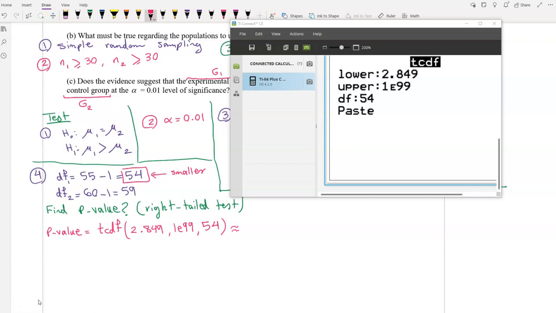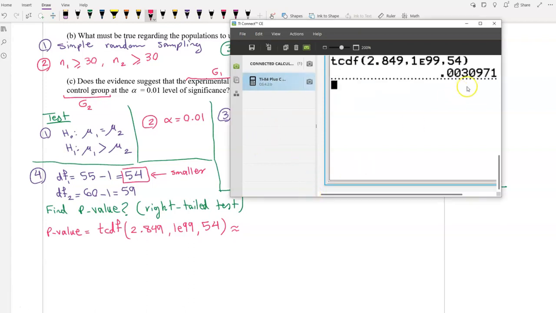Now enter. Here is our answer, 0.0031, rounding to 4 decimal places. I decided to round to 4 decimal places. You may have 3 decimal places, 5 decimal places, depending on what it's asking. But in this case, I just decided to round to 4 decimal places.